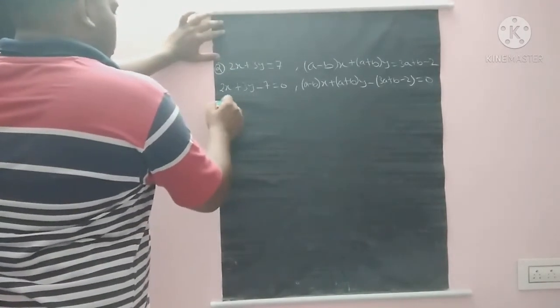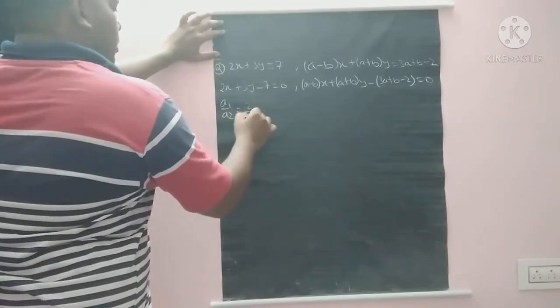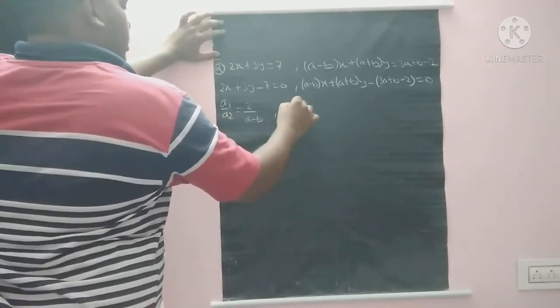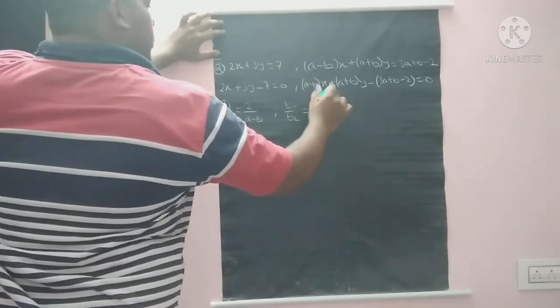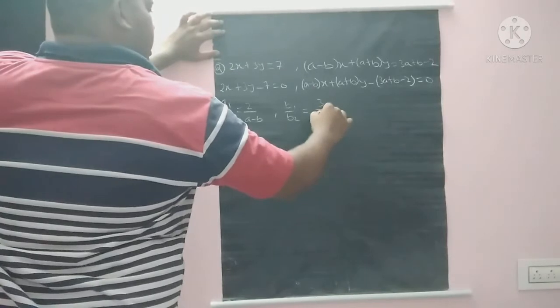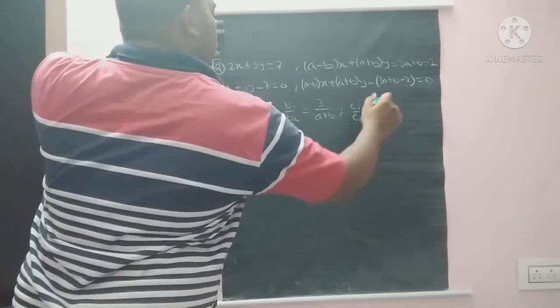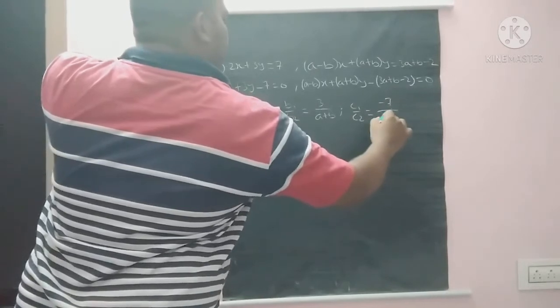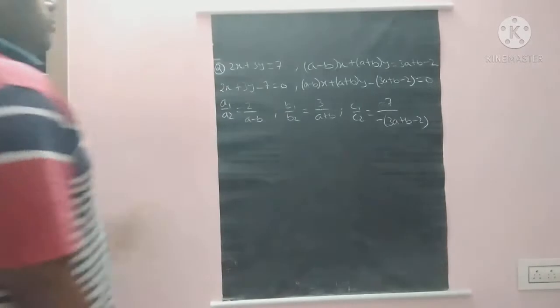So first write down: a1 by a2 is 2 by (a minus b), b1 by b2 is 3 by (a plus b), c1 by c2 is minus 7 by minus of (3a plus b minus 2).